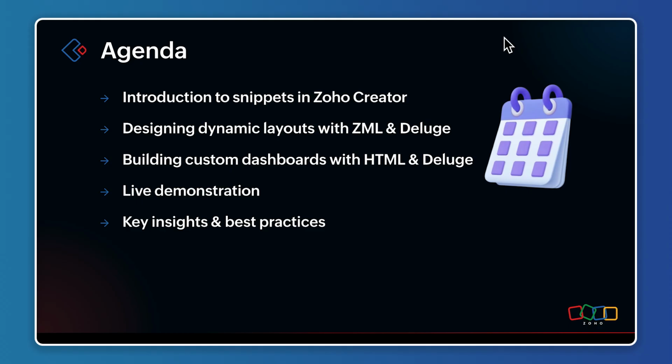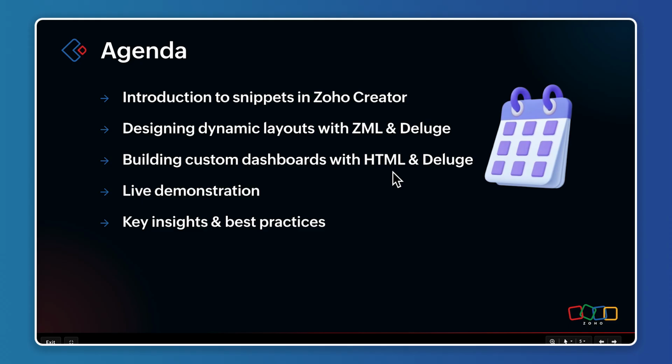Within HTML, we will learn how we can include Deluge script to build an effective dashboard. Once we understand these concepts, finally we will delve into the live demonstration where we will explore all these features live. And at the end of the session, I'll be giving a few key insights and the best practices that need to be followed for these features. So this is pretty much the agenda, and I hope this is clear to everyone.